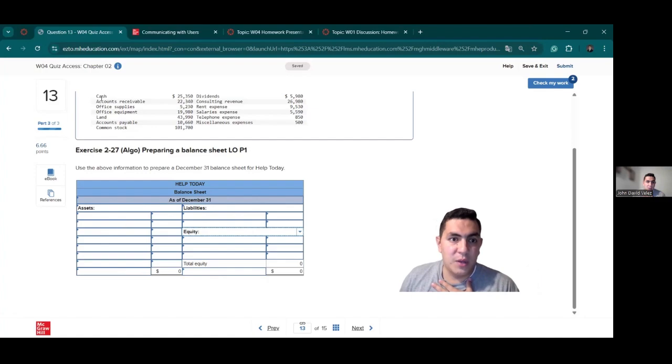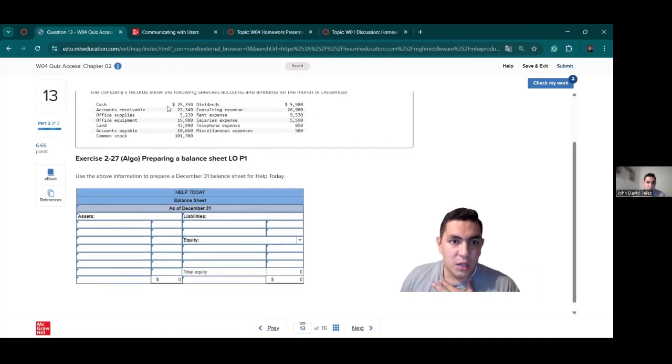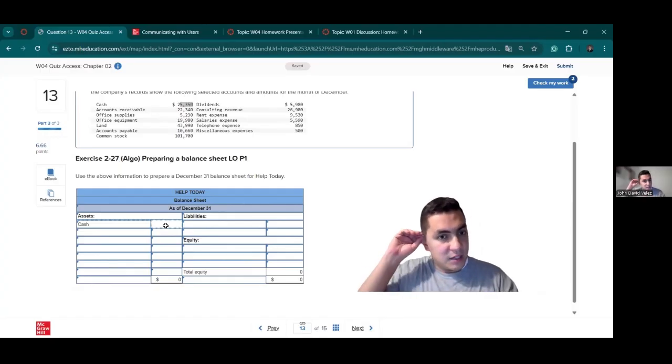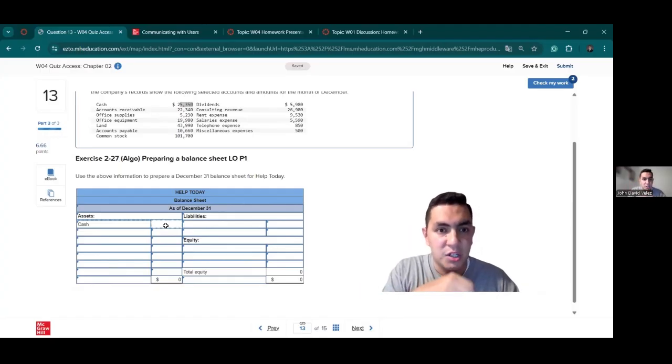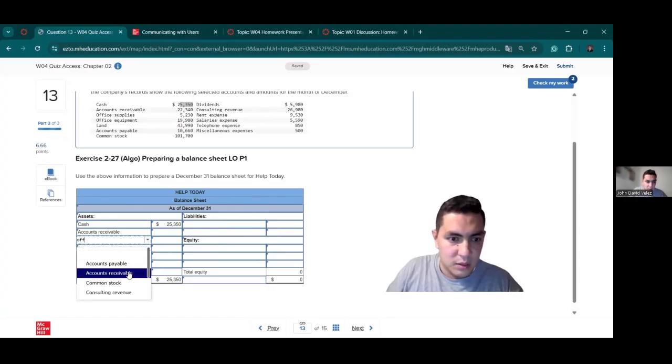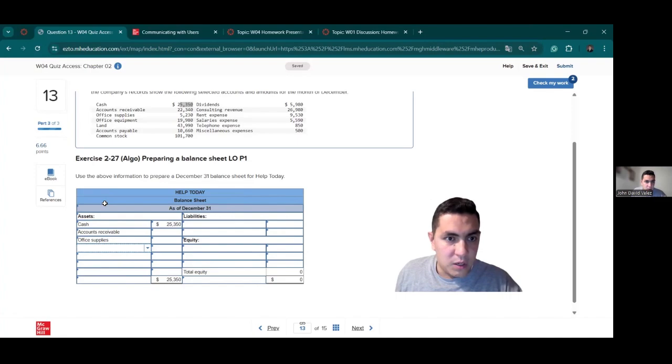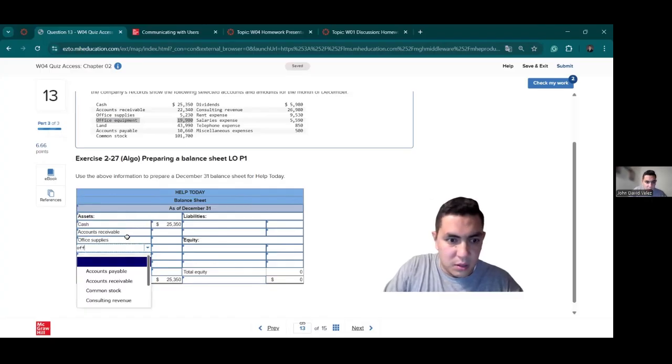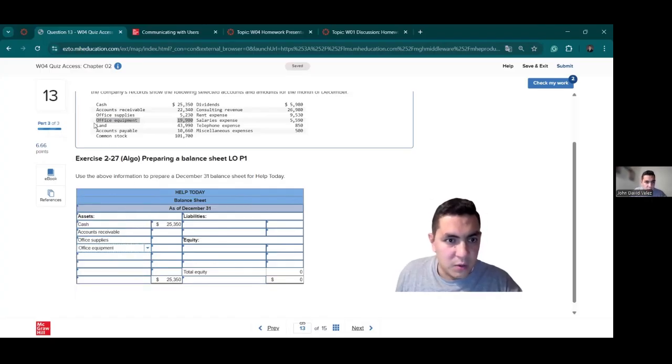So the assets of this company: the first asset is cash, and it is 25,350. The next is accounts receivable. The other is office supplies. The other is office equipment. The other is land.